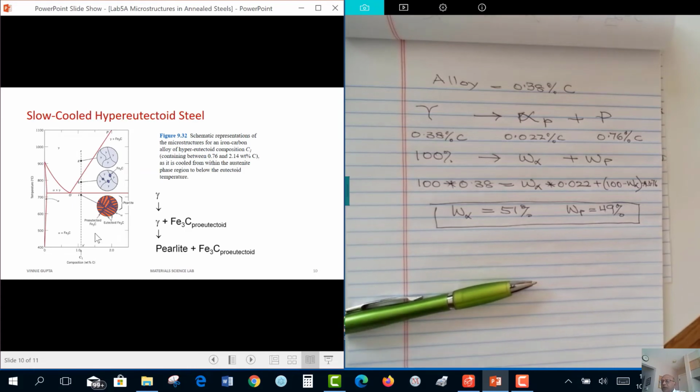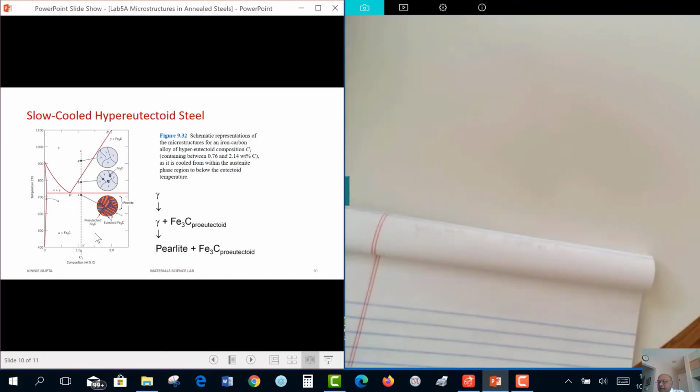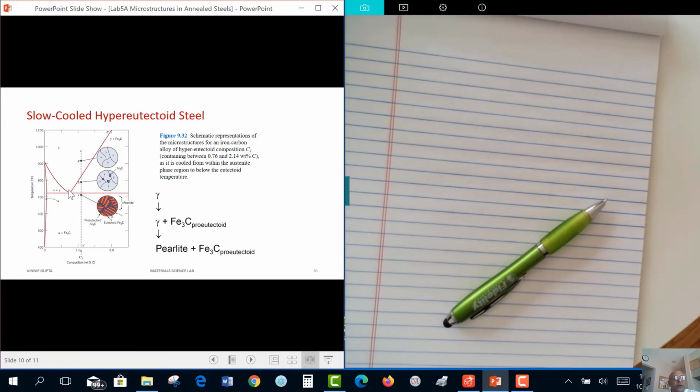Okay, let's go to a composition on the right hand side of the eutectoid composition. So on the right hand side of O here, let's say we pick a composition like 1.2% or something like that. At point G, we are in one phase region. Again, we have just austenite.